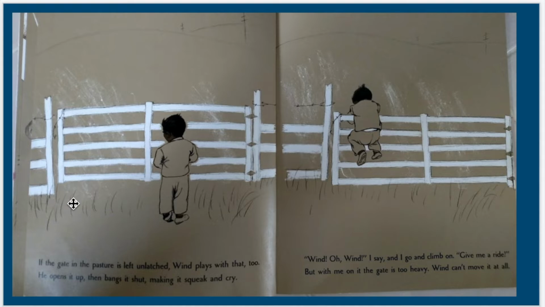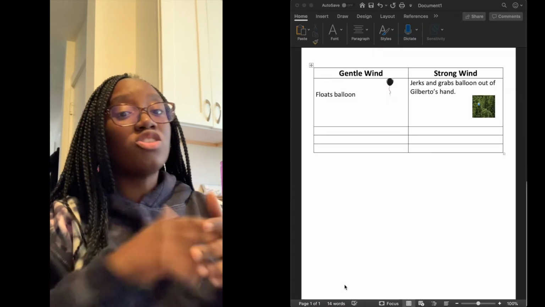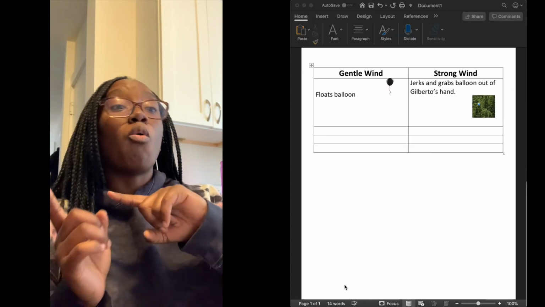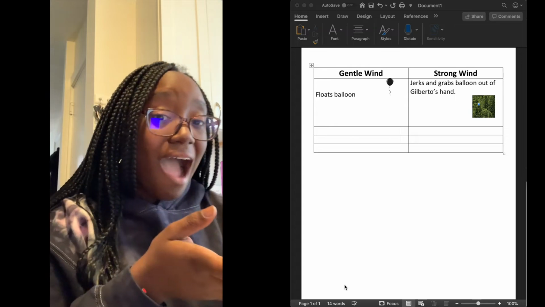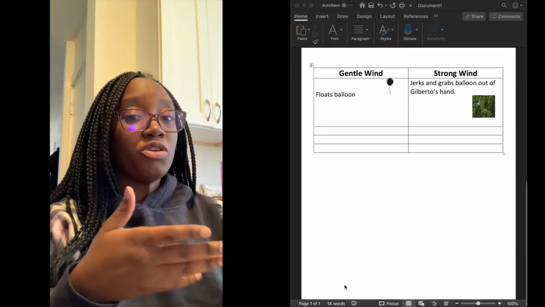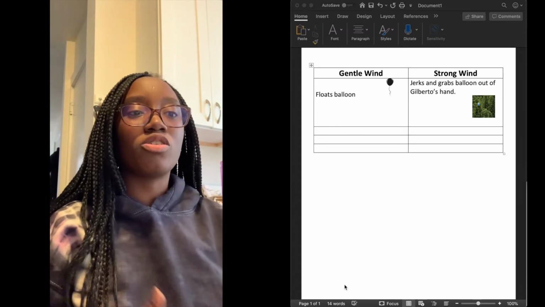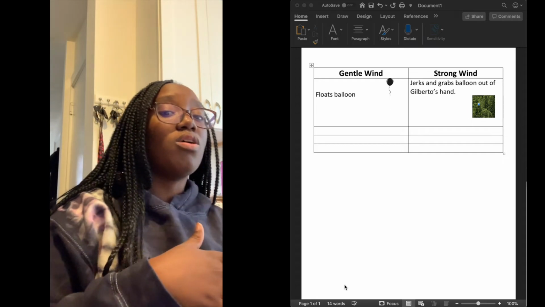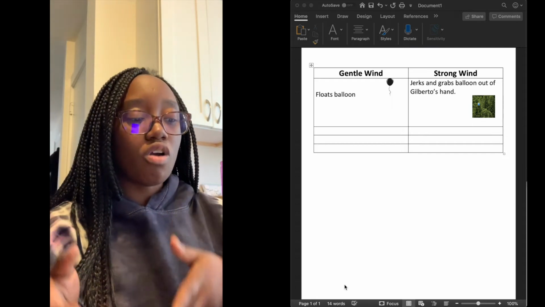But now we're going to go back to our chart. And we're going to finish putting some more examples of the wind being gentle and the wind being strong. Now that we've read some more of our book, let's go back to our T-chart, our anchor chart, and add some more examples of the wind being gentle and the wind being strong.